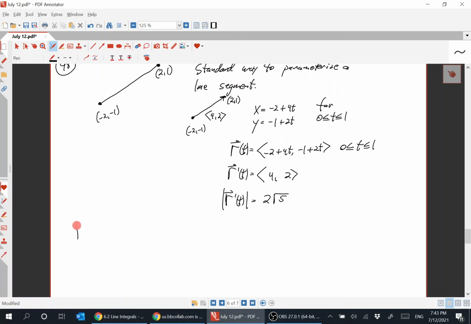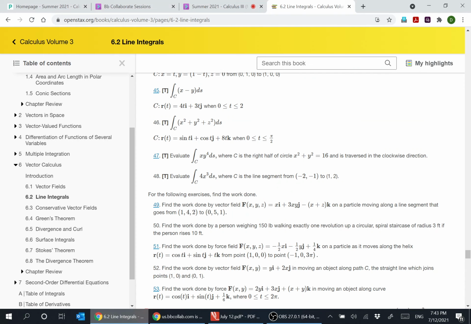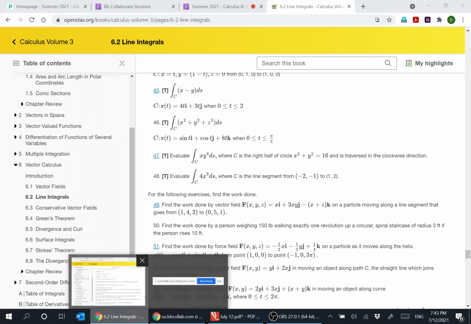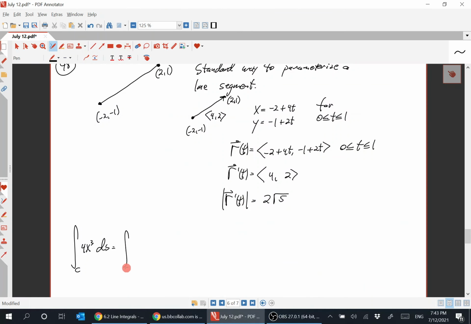All right, so what do we have here? We have the integral over C of 4x to the third ds. So that's the integral from a to b of f of r of t times the length of r prime of t dt.